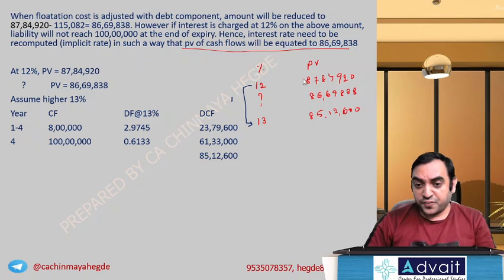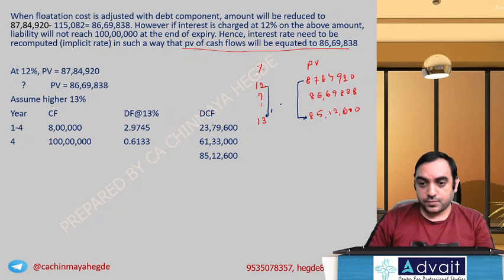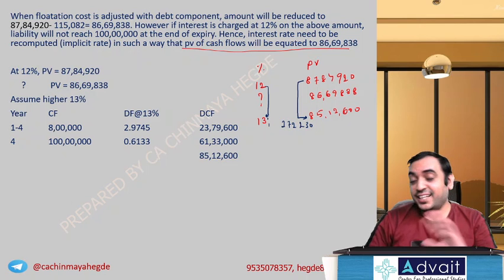Similarly, what is the difference from 87,84,920 to 85,12,600? It is 2,72,230. That is for one full percent difference.